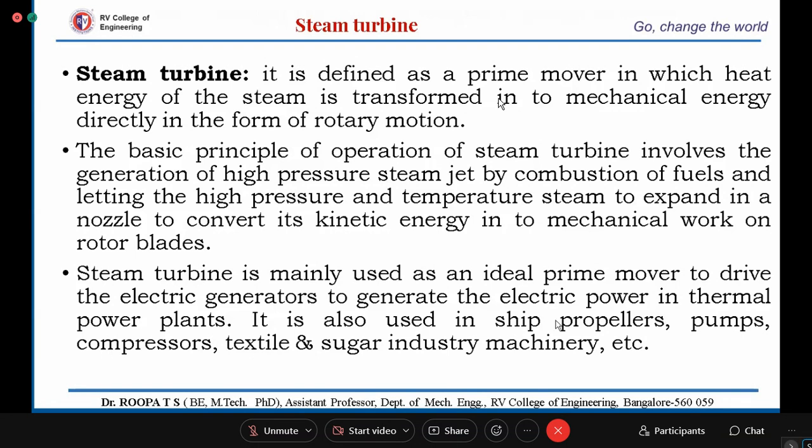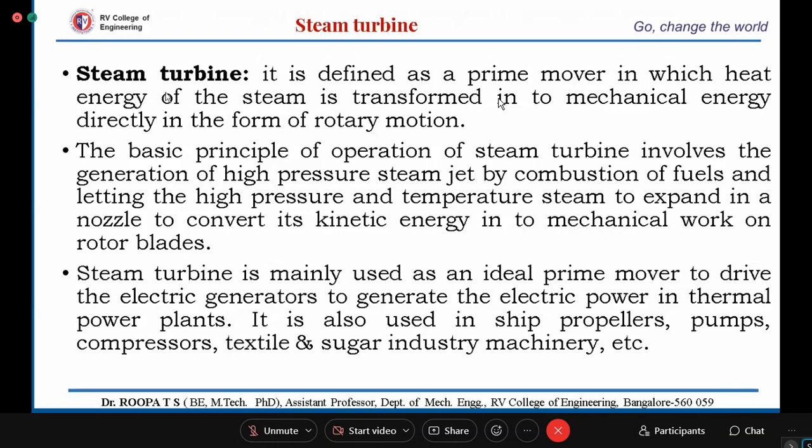They are also used in ship propellers, pumps, compressors, in textile industries, and industries which involve machineries. So we can see these steam turbines run with the help of the high heat energy obtained from the steam.